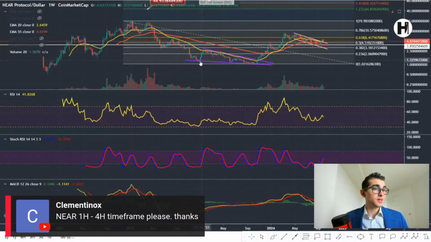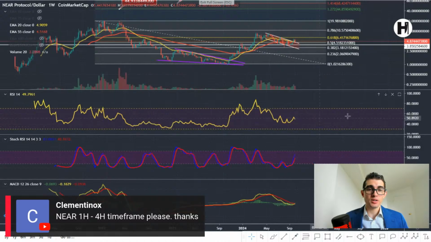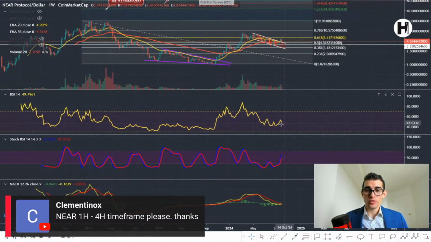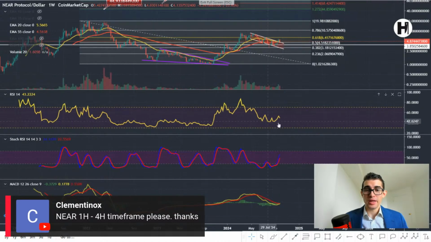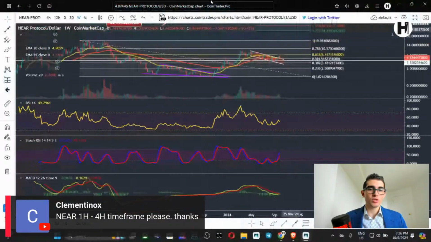That's when we printed our last bullish cross. And at that point, the stochastic was very low. The RSI was very low. Right now, the RSI is quite low, but not as low. And the stochastic is obviously approaching the overbought soon. But still, this could be a really good indicator. History doesn't repeat, but it does rhyme. So very bullish on NEAR.